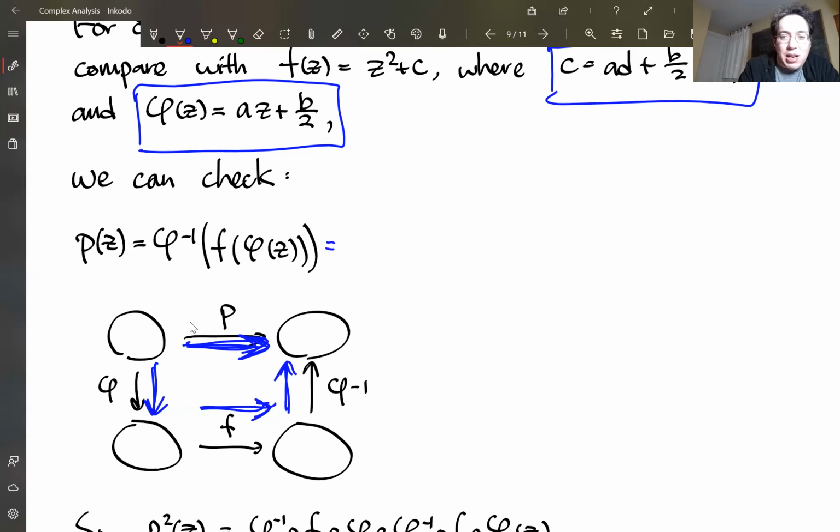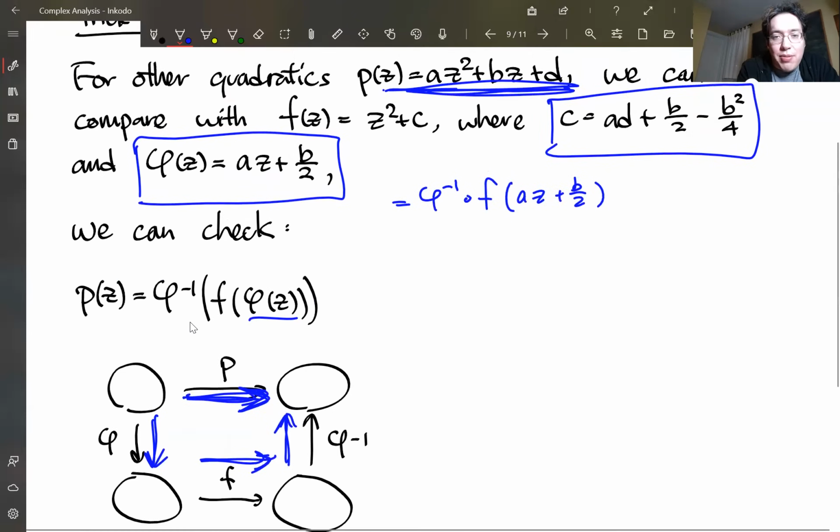So let's check that. I don't know if I have room, so let me start over here. I'm going to do phi inverse of f of phi of z. So phi of z is az plus b over 2. I'm going to plug that into the function f, which looks like z squared plus c.